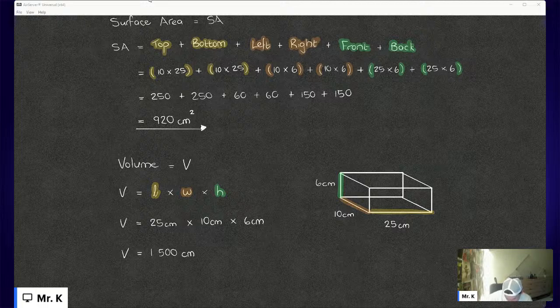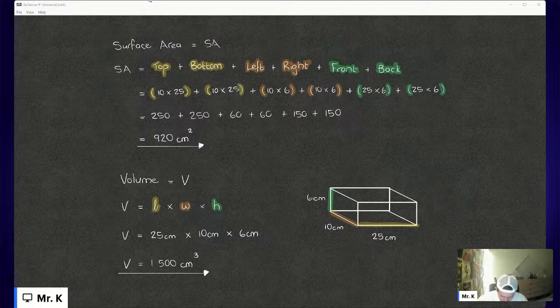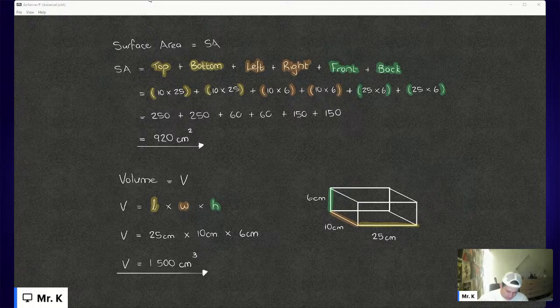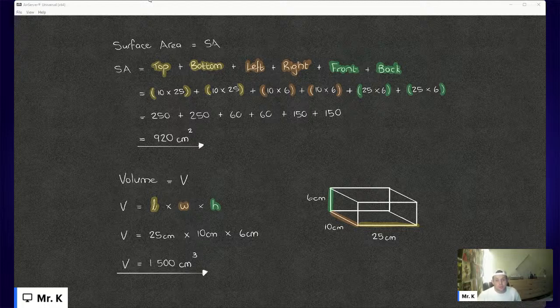And this makes sense because in our notes, we pointed out that volume must always be measured in cubic units. So there we go. You can see how surface area seems like it's simpler, but we actually do a lot more work when it comes to surface area.